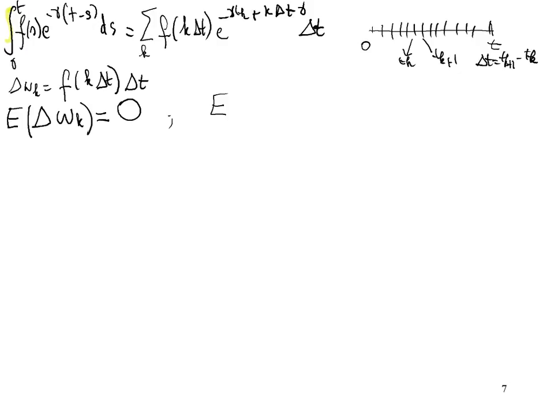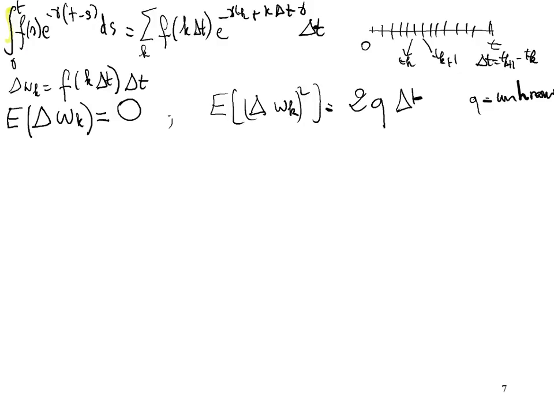Thus, the expectation of d omega_k squared is going to be equal to 2q multiplied by delta t, where q is an unknown parameter to be computed.